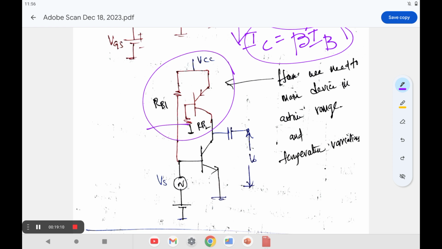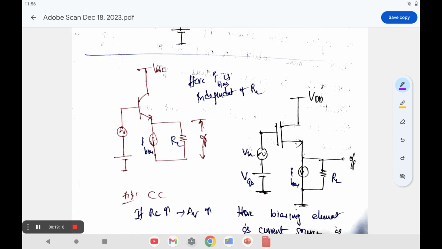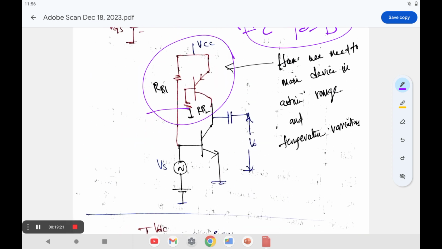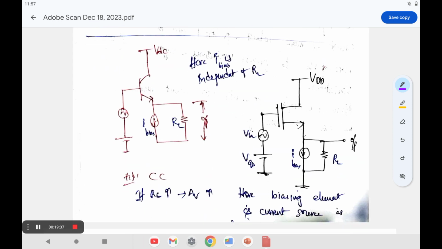So here also there is another issue. Here also we need a constant current source device. That means we need to provide a biasing element.